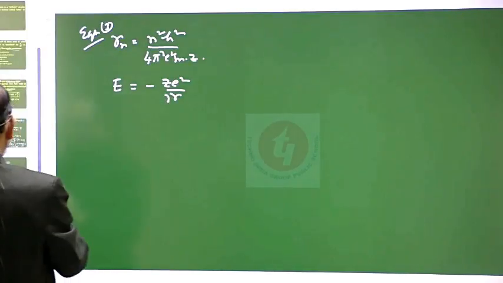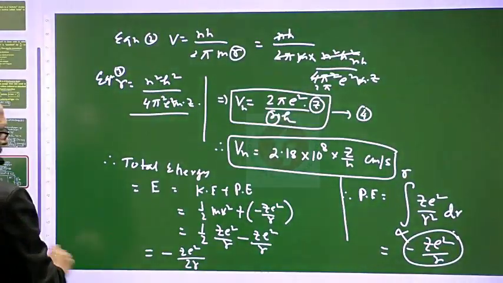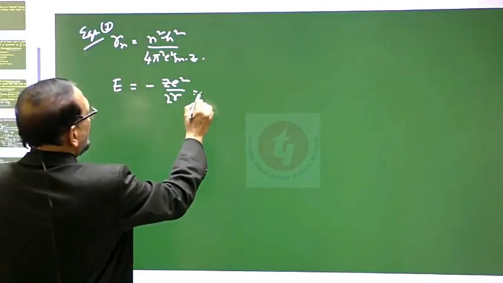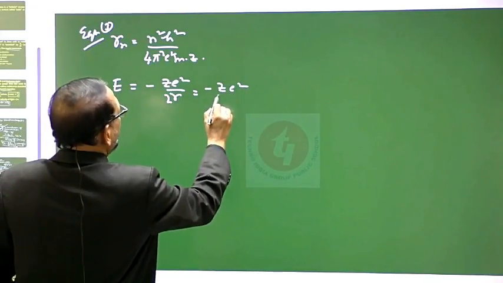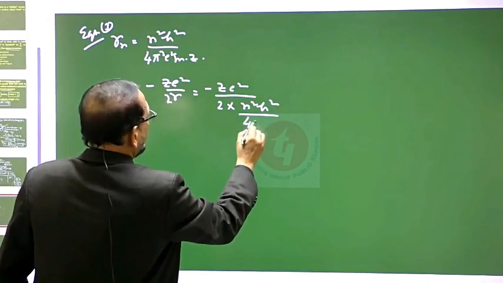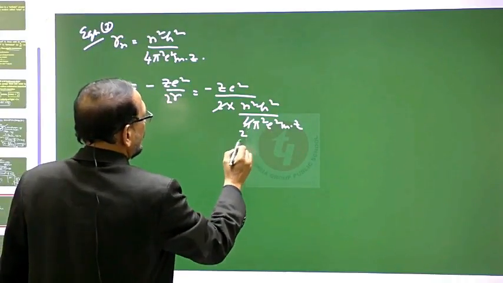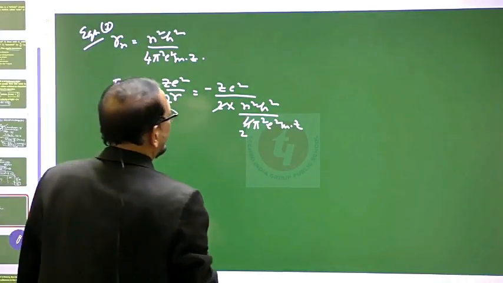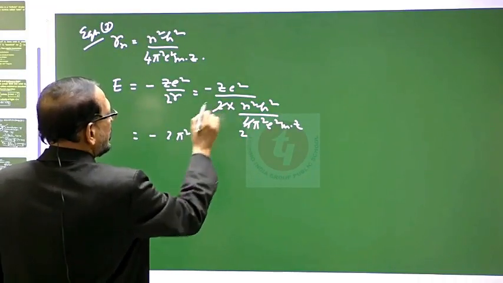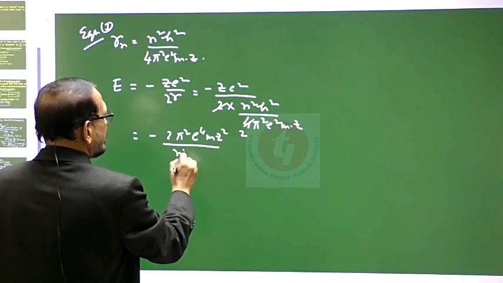Z square by 2R. Now minus Z square by 2 into R, with R equal to N square H square by 4 pi square e square M into Z. Now the 2 cancels out, and then you can write minus 2 pi square e to the power 4 M into Z square by N square H square.